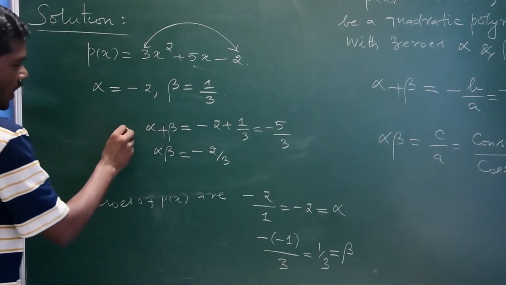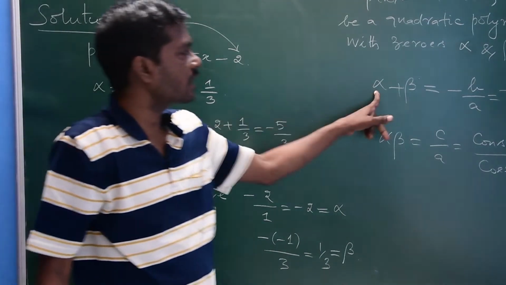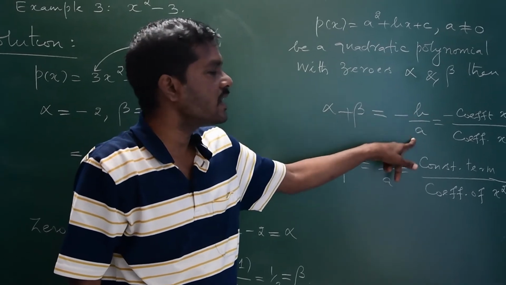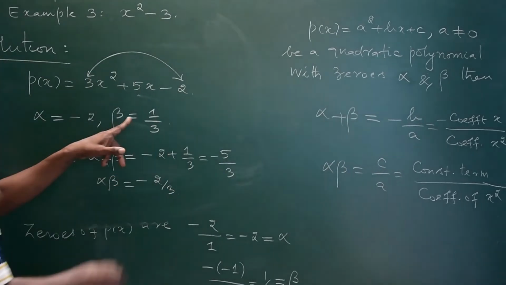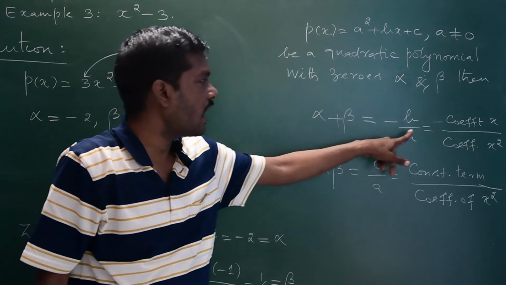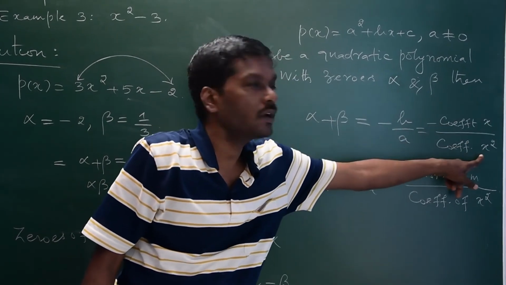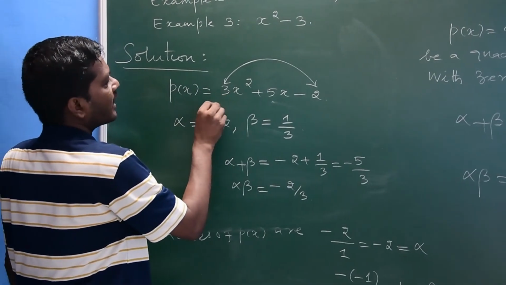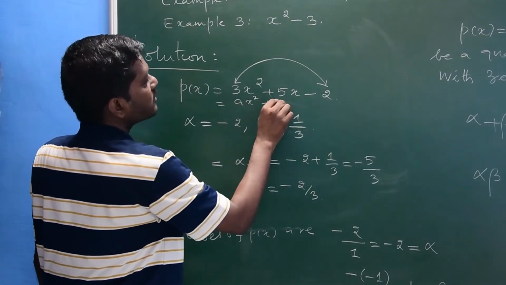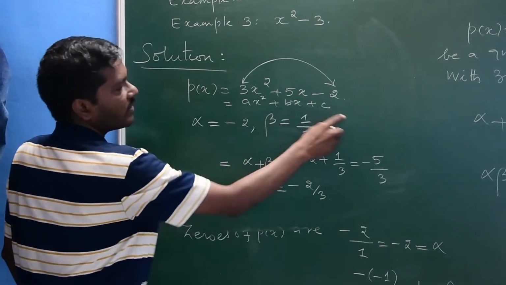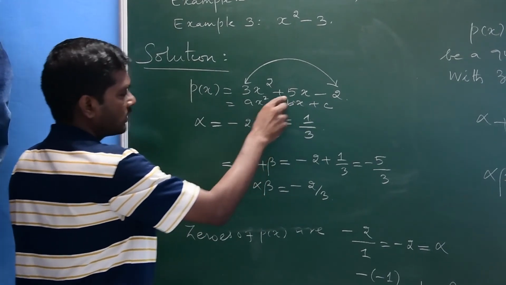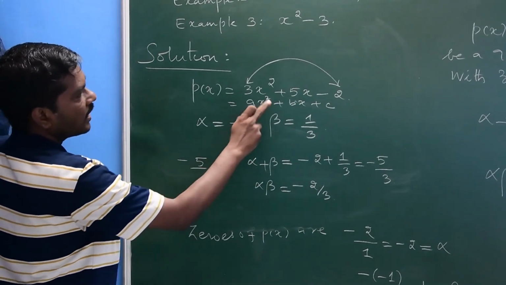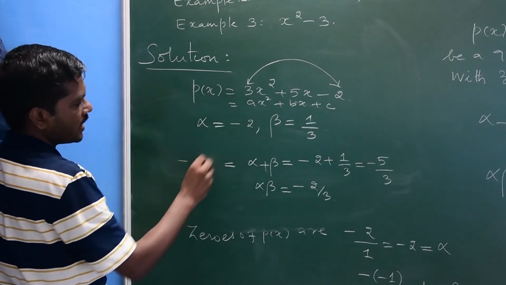What is the formula for the sum of the zeros? Minus b by a, or minus coefficient of x by coefficient of x square. Comparing with ax square plus bx plus c, b is 5, so minus 5 by the coefficient of x square, a, which is 3.